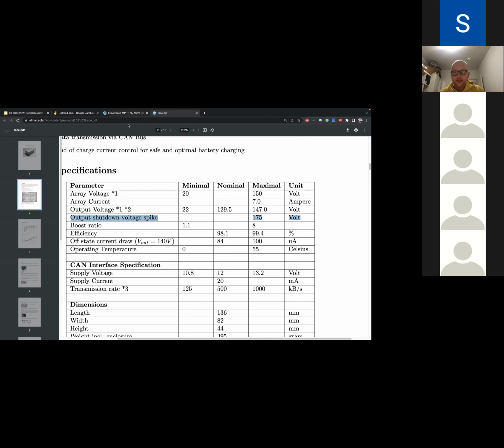Usually you only care about the input voltage and input current, because the output voltage is pretty much defined by the battery, and usually you want to put all the power you have into the battery. Your PWM duty cycle on the switch in your MPPT pretty much defines the ratio between input and output voltage.